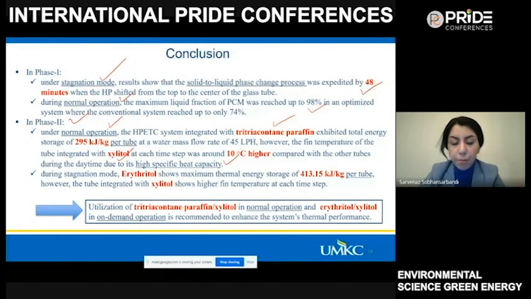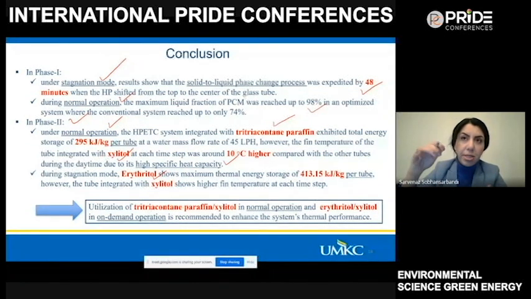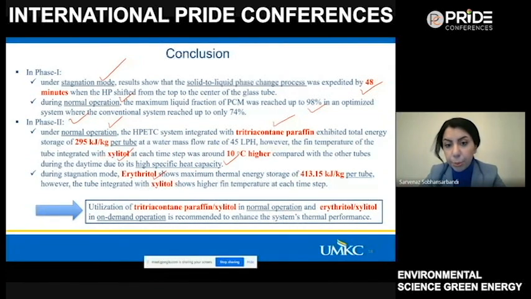And in stagnation mode, on the other hand, we saw that the erythritol exhibited a high amount of energy storage, and the reason is that the melting point of erythritol is 118. Whenever we talk about a stagnation or on-demand operation, your temperature just overheats without any cooling, so erythritol reaches its melting point and was fully melted during that operation.